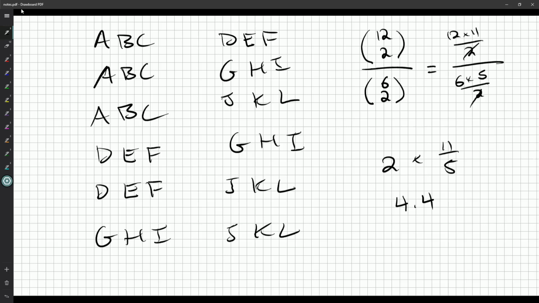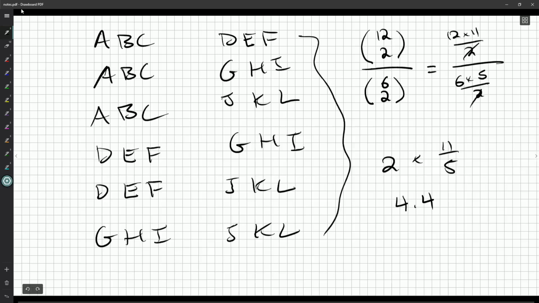Can I do it with 5? I don't think I can. No, I'm pretty confident in this. I mean, there's a little bit of overlap, but 11 over 5 is 2.2, and you multiply that by 2, you get 4.4.